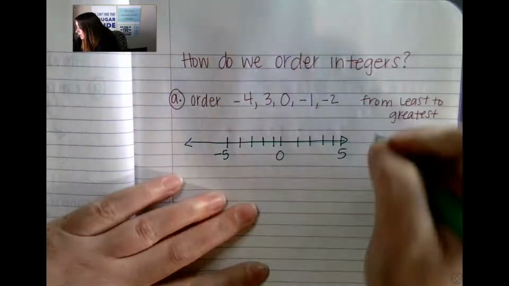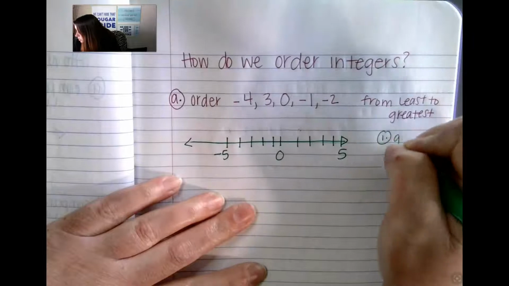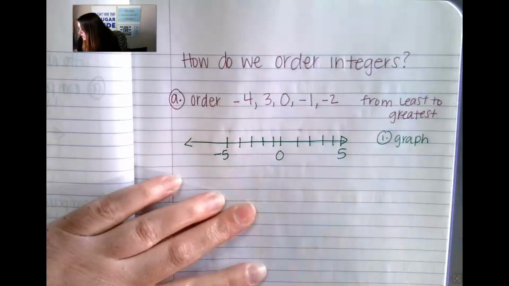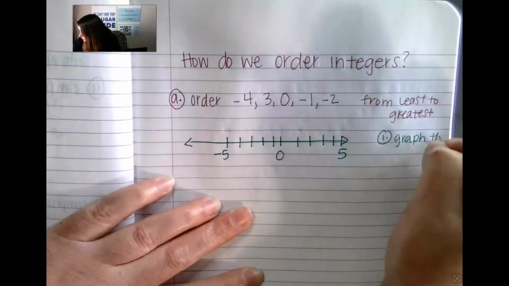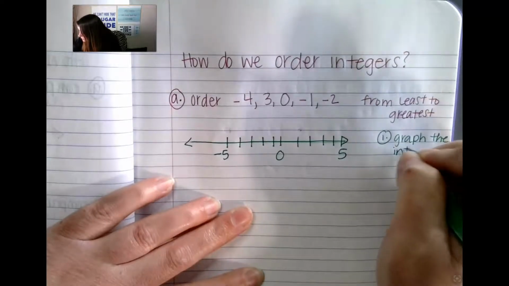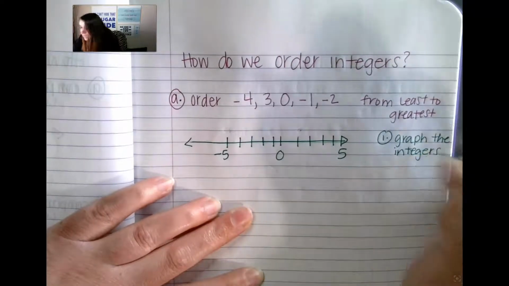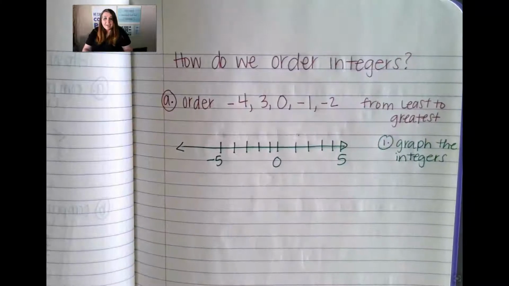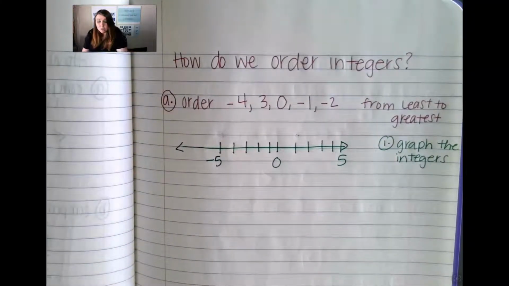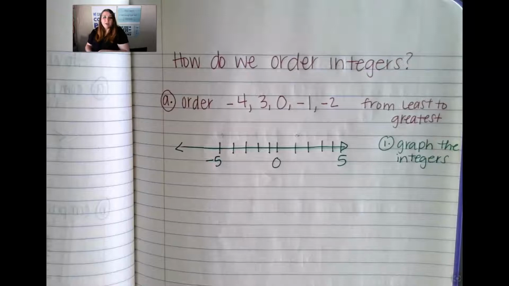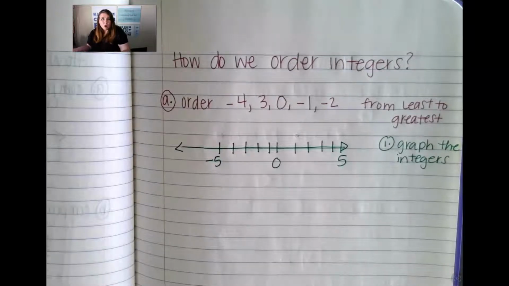So step 1, I want to graph the integers. And when I say graph the integers, we're using a dot. So we're just going to put a dot on the number line where these integers are.